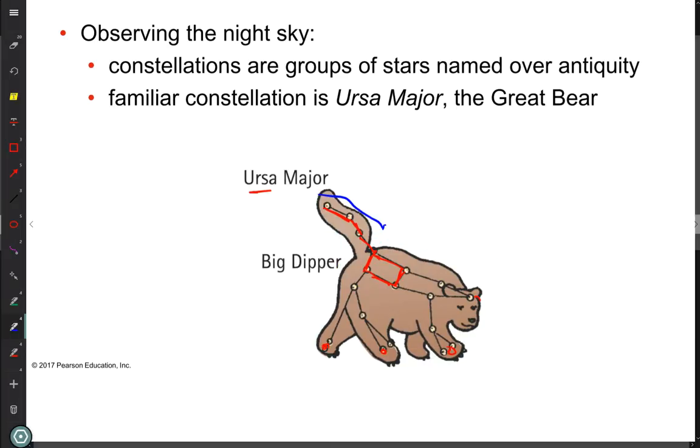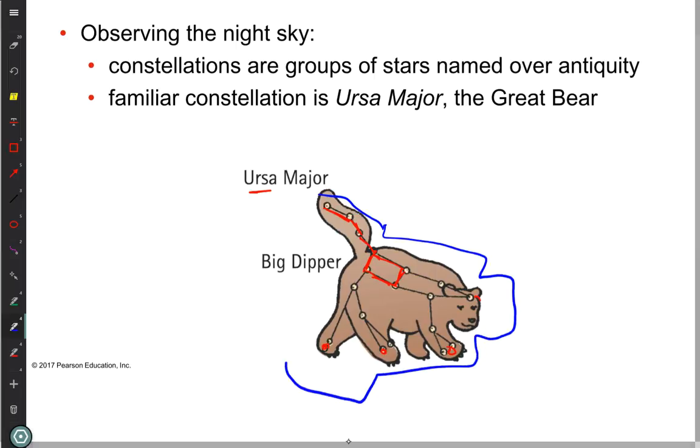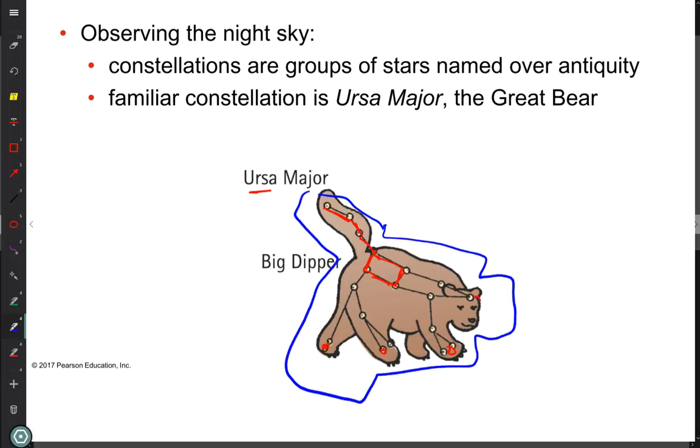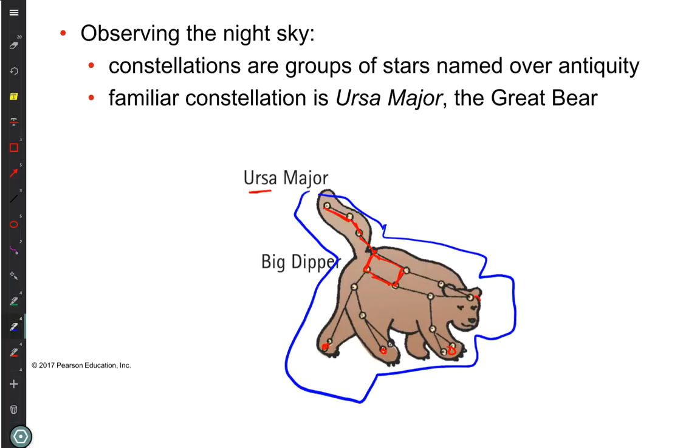It doesn't stick out that far. It doesn't look like the bear, but it's an area in the sky. And every star that's in that area is considered one of the stars of Ursa Major, even if it's not part of any part of the picture you see. So scientists have moved the word constellation to mean an area in the sky.